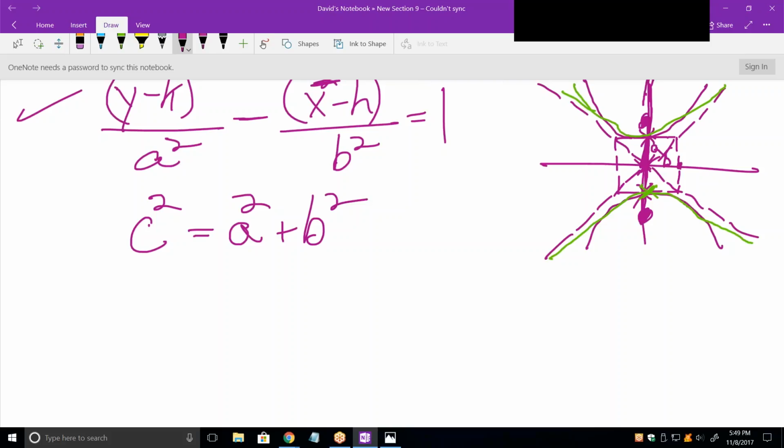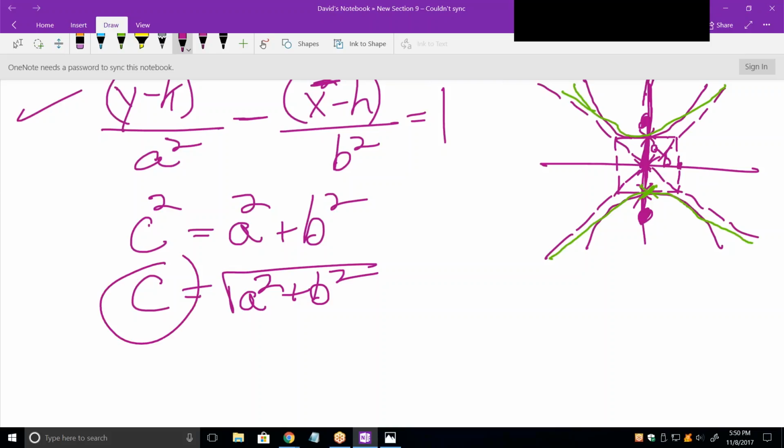In other words, A can be bigger than B or less than B. Nonetheless, C is the square root of A squared plus B squared. So you still have to figure out A and B to figure out C, and C is still the magic number because that tells you where the focal points are. The focal points are the important parts of all of these things. Whether it's a parabola, an ellipse, or a hyperbola, the focal points are the most important thing. So you always have to figure out C.